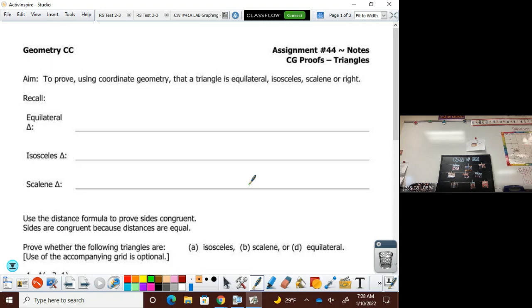So you need to know the 3 different types of triangles that we learned about. Equilateral triangles have 3 equal sides. Starts out with the word equi, kind of like equal. Isosceles triangles have 2 equal sides.